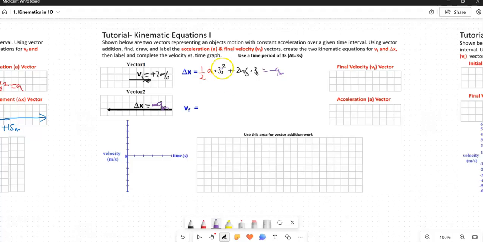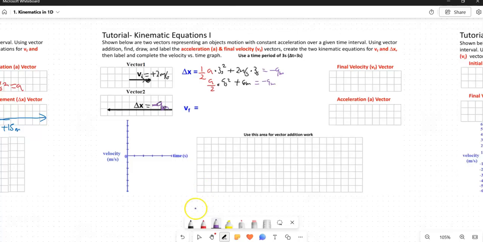Okay, so let's do some mathematics here. So this is going to be a divided by 2, and this is going to be times 9 seconds squared. This is going to be 6 meters, and that's going to be equal to -9.